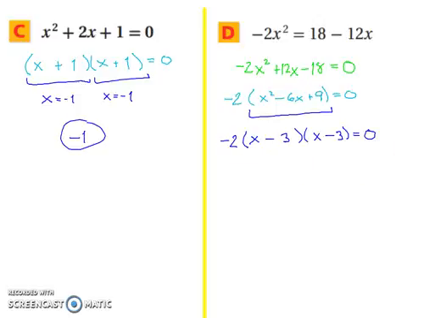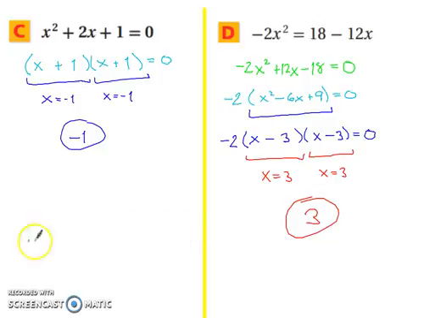So now we want to find our zeros. Notice how x minus 3 and x minus 3, they're the same, just like what happened over in problem C. That means that you're only going to have one zero. So x equals 3, and if you double check here, x still equals 3. So your 0 is simply 3.